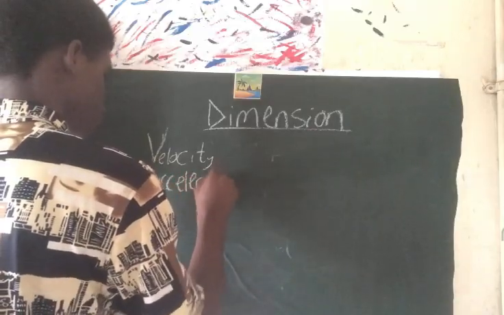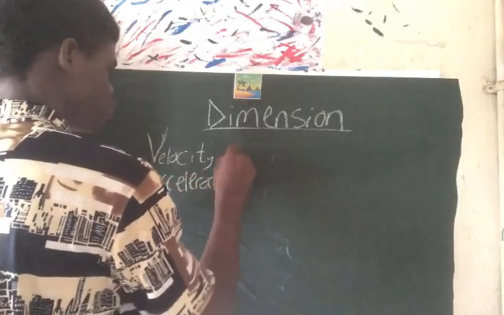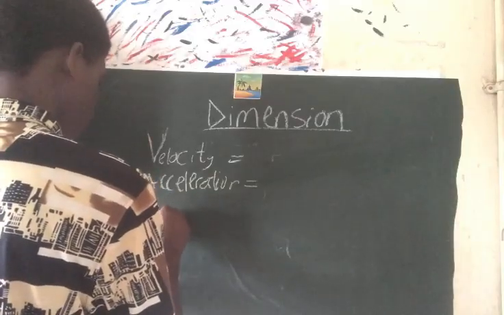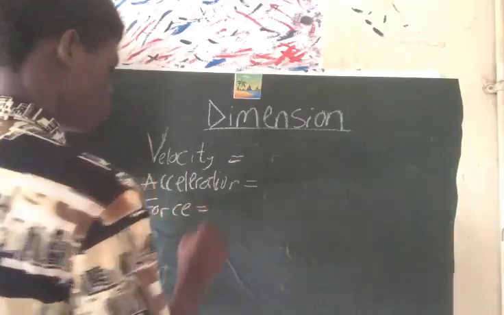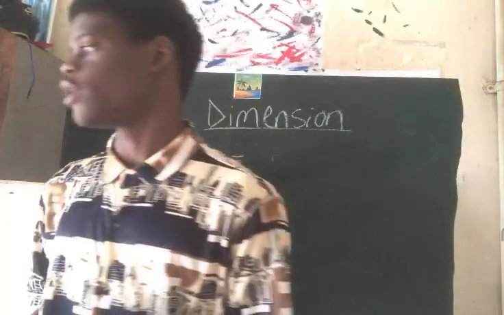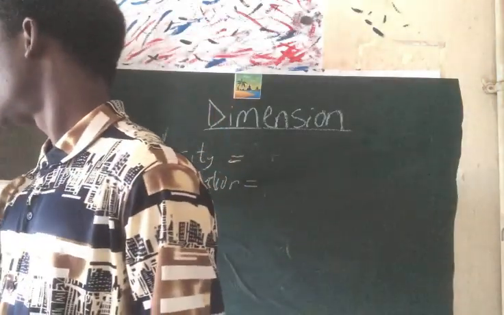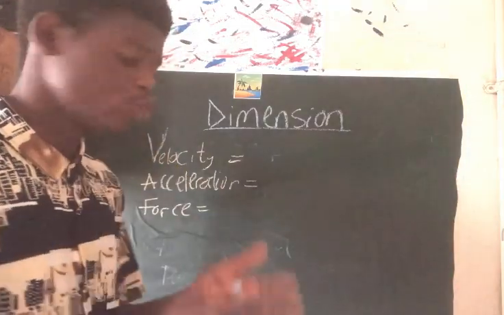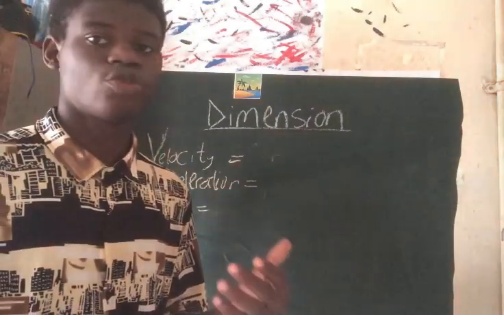Especially these two basic ones. Yeah, you need to know the one for force too. So I already know these ones offhand, but for me to teach you, for you to know it, you need to know how to derive it.